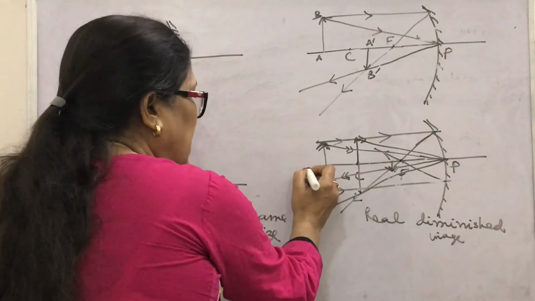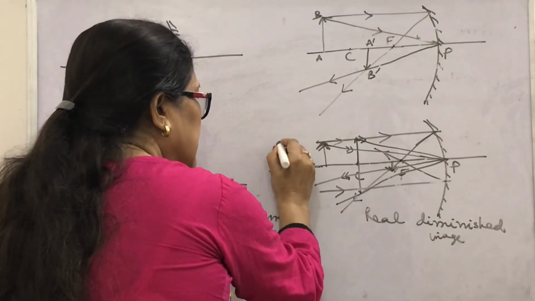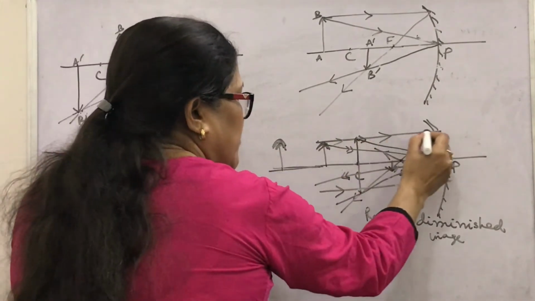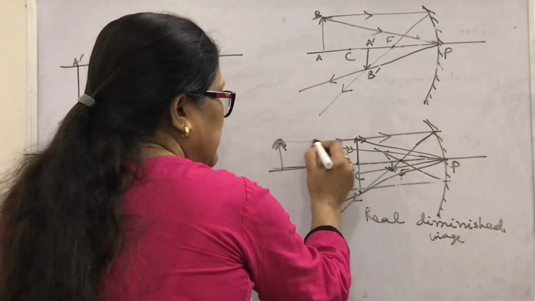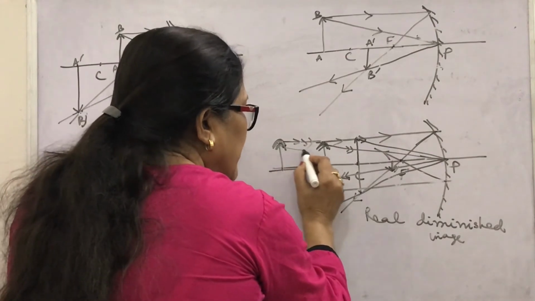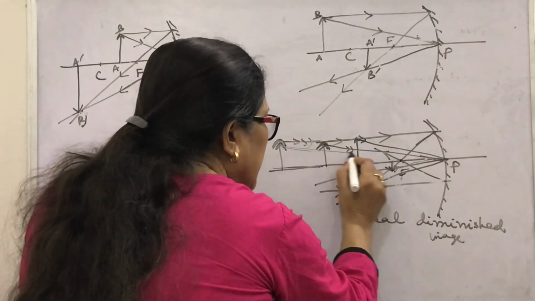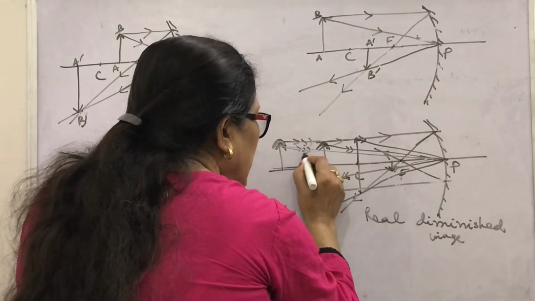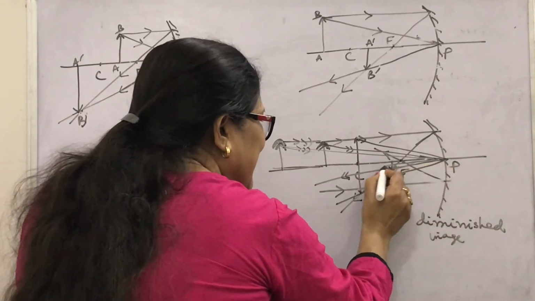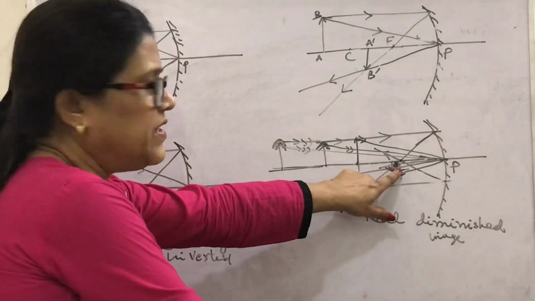If I further shift the object, can you imagine that the first ray, which is parallel to the principal axis, will be reflected through the focus, but the other ray will make a very little angle, and again you will find that this triple-arrow ray is reflected, and a very little image will be obtained at the focus.